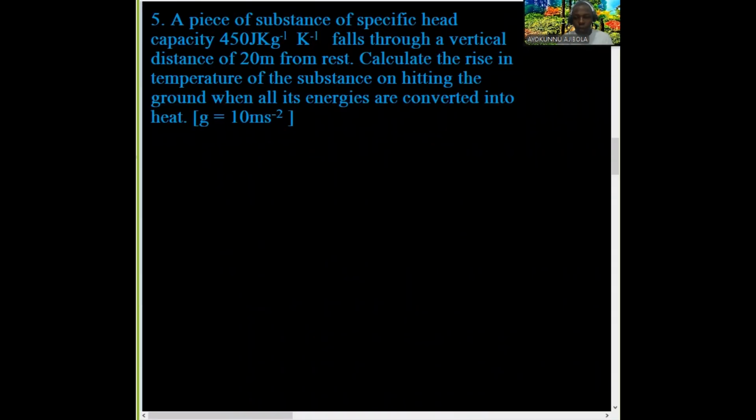Okay. So the question says a piece of substance of specific heat capacity. That's not heat capacity, let me put T there, of 450 joule per kilogram per Kelvin, falls through a vertical distance of 20 meters from rest.